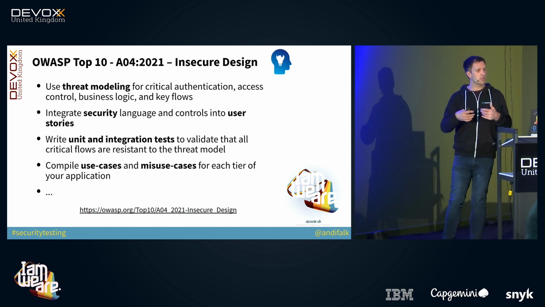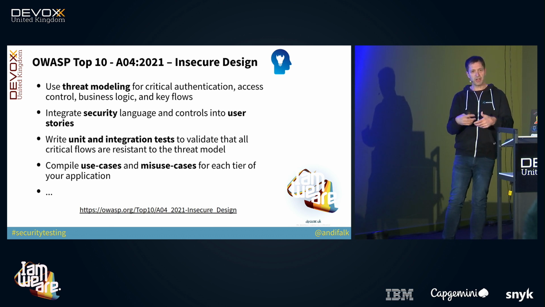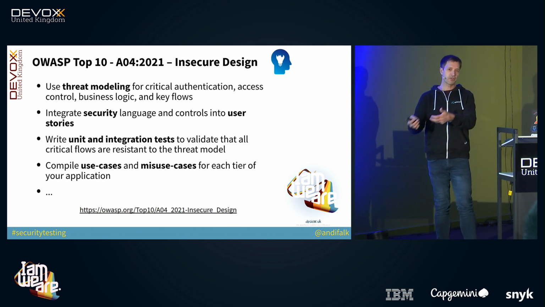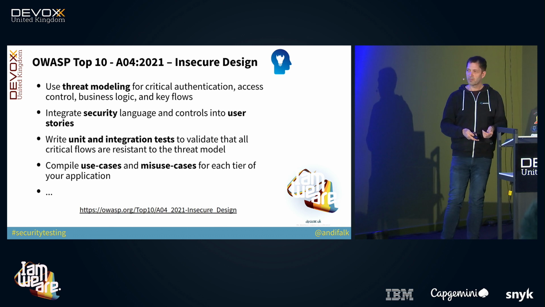So why not write a user story from the view of an attacker? You write your business use cases every day, and you can just change sides and also write a user story with a target that an attacker typically wants to achieve in your application.